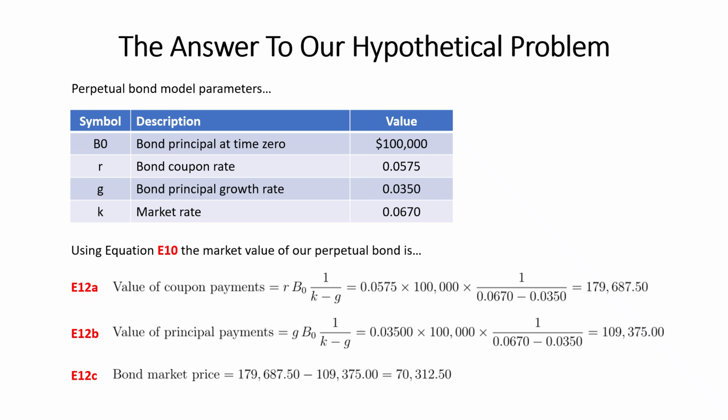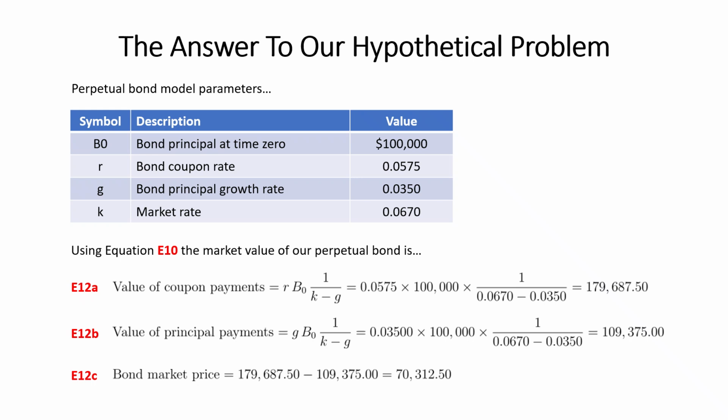So E12A, that's the value of the coupon payments. What we do is take R, which is the coupon rate, times B subscript 0, which is the bond principal at the beginning of year 0, times the fraction 1 over K minus G. Using the parameters in the table above, we have 0.0575, which is the coupon rate, times $100,000, which is the principal balance, times 1 over 6.7%, which is the market rate, minus the growth rate of 3.5%.